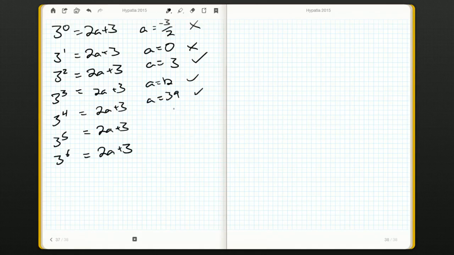That'll work. These numbers are getting pretty high, though. A is equal to 120, so that'll work. So maybe some power of 120 will actually give us the value that we want. And this one, A, is going to be equal to 363. So all these are fine.